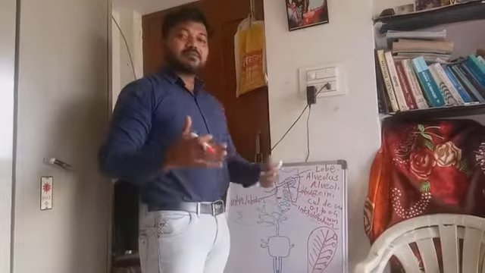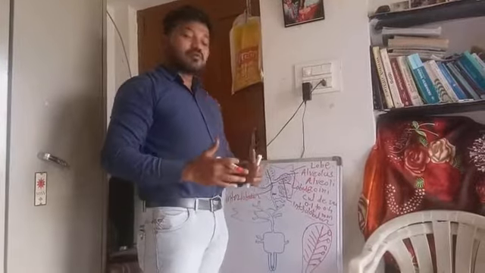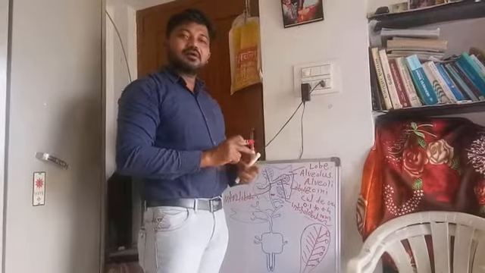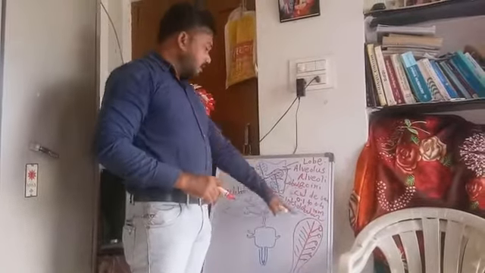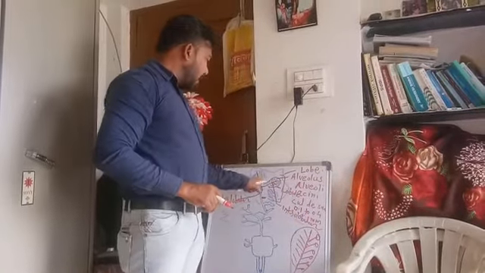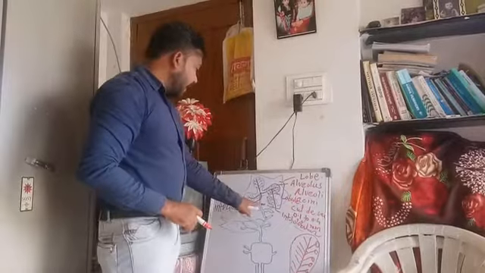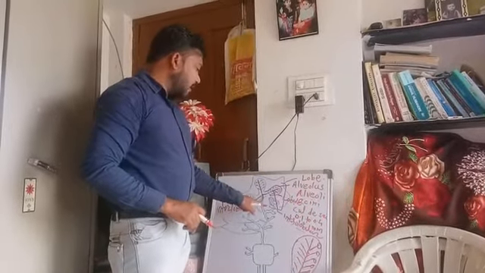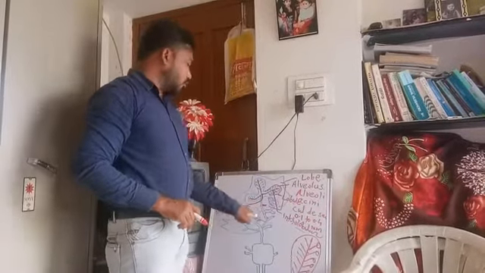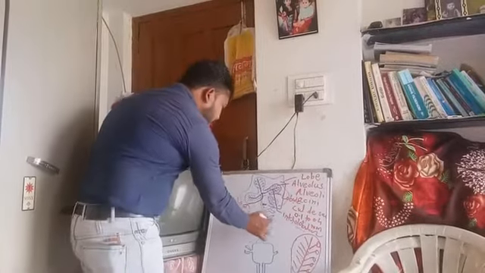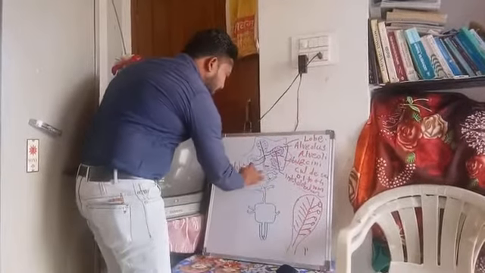Now you can memorize the ducts: first the terminal duct, then intralobular, interlobular, intralobar, and the interlobar. Such a duct system is formed here.